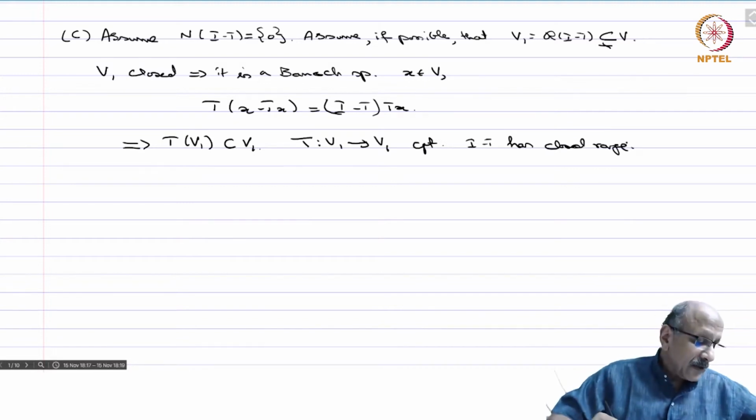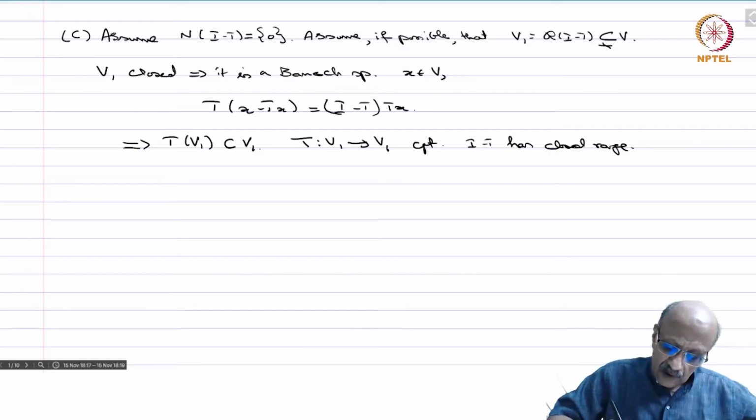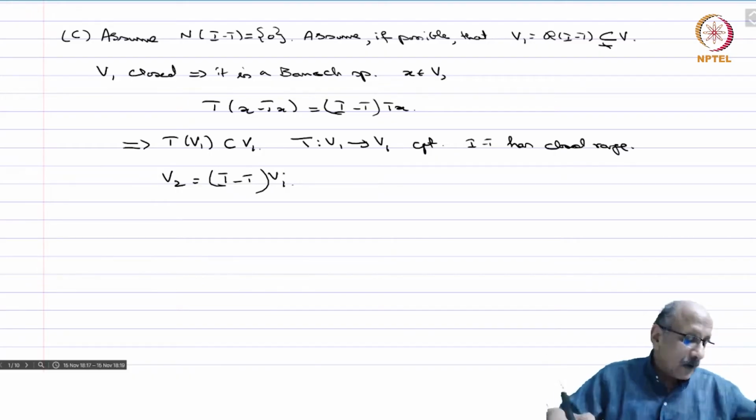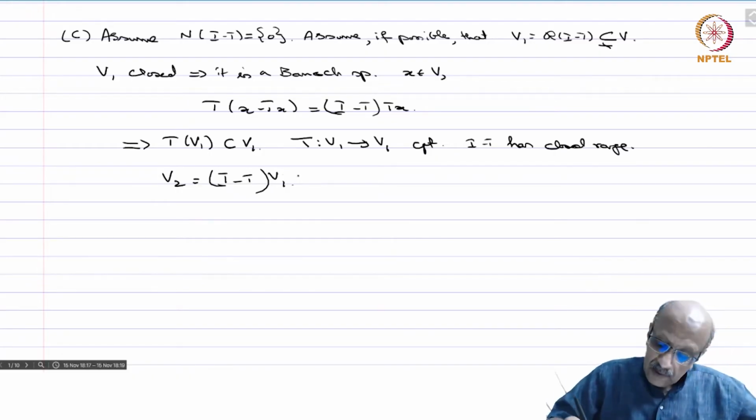So let V2 be equal to (I minus T) of V1. Then V2 will also be strictly contained in V1. Why?